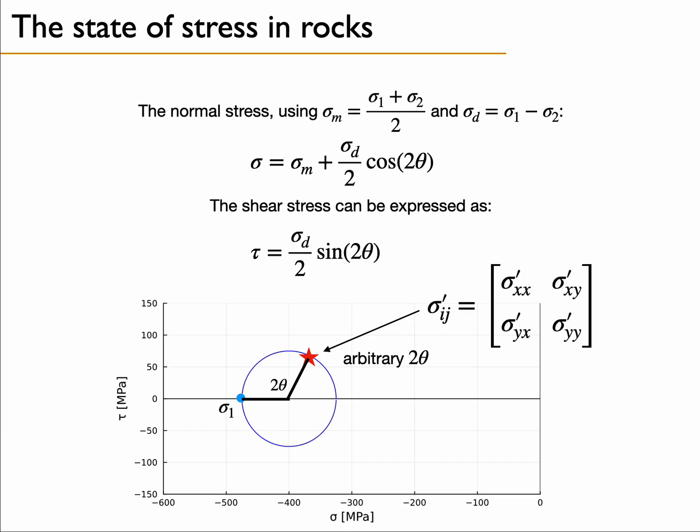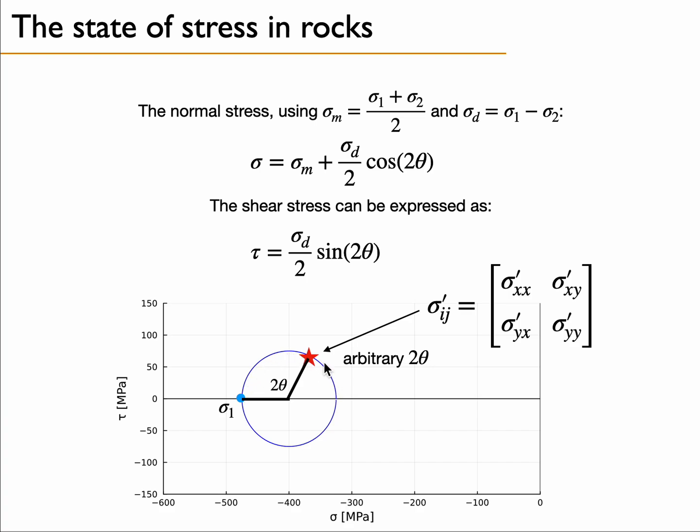Now, talking about an angle, for an arbitrary angle, the angle is 2 theta. You can be anywhere along the circle here. So for a variation of theta between 0 and 90 degrees, since we have a factor 2, it varies between 0 and 180 degrees.